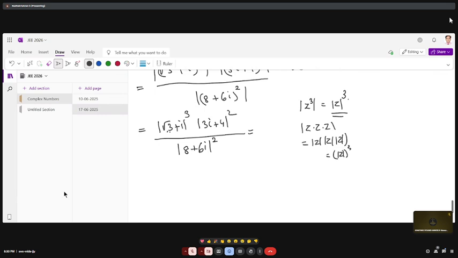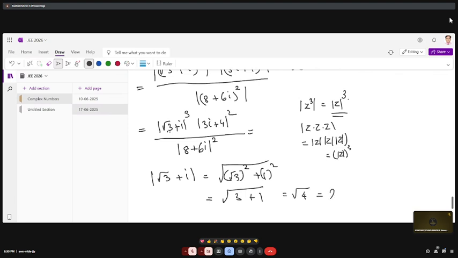So I'm writing down modulus of root 3 plus i equal to square root of x square plus y square. Here x is root 3, y is 1. So this is going to be 2.